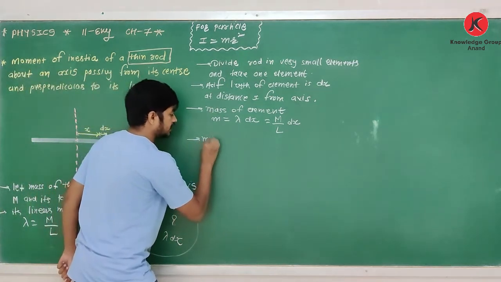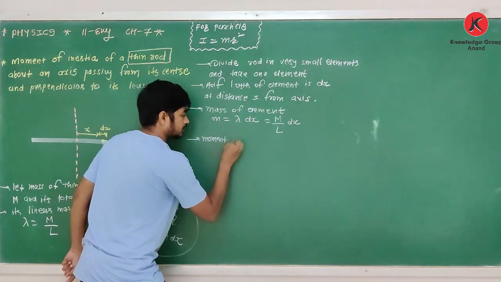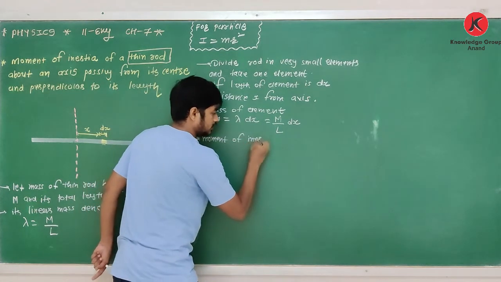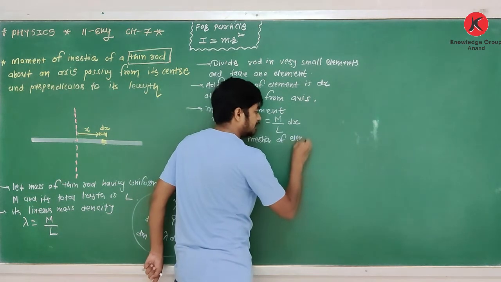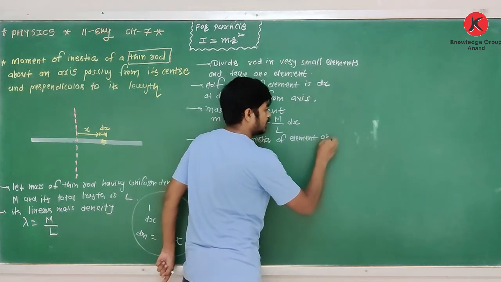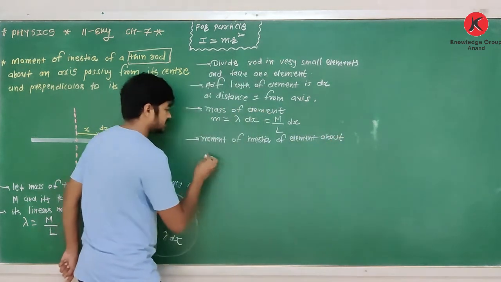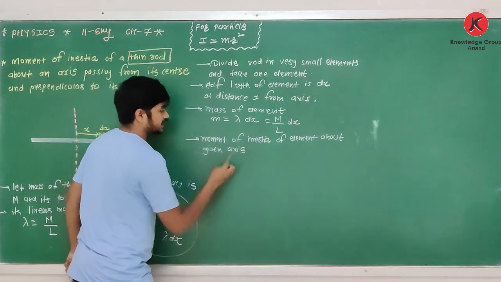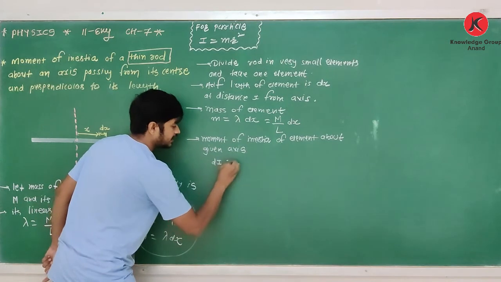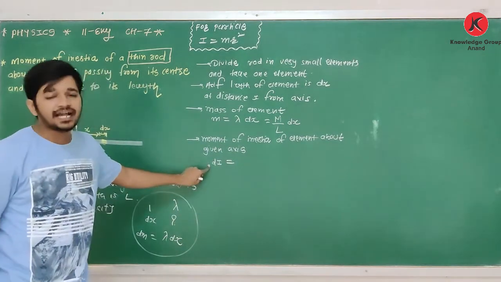Moment of inertia of the element about the given axis. dI is equal to. Why am I writing dI?